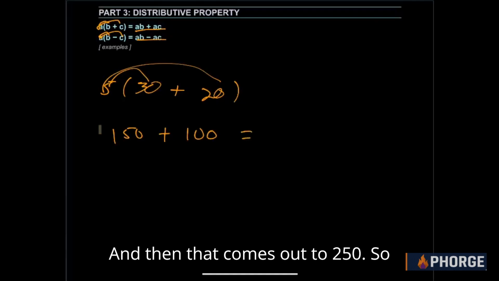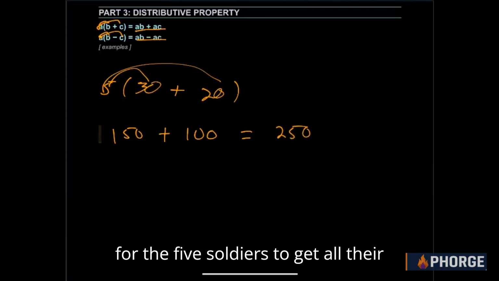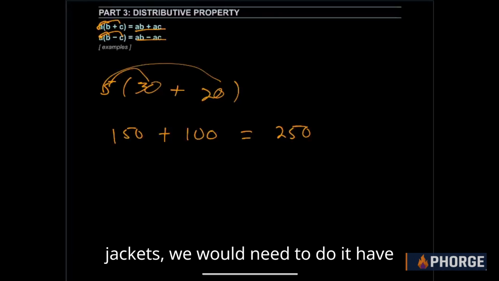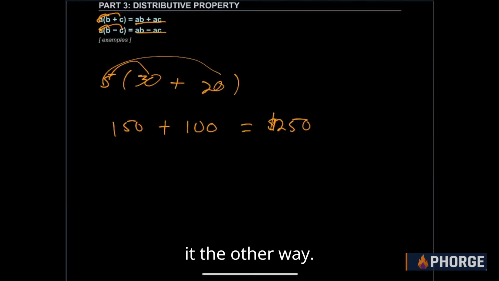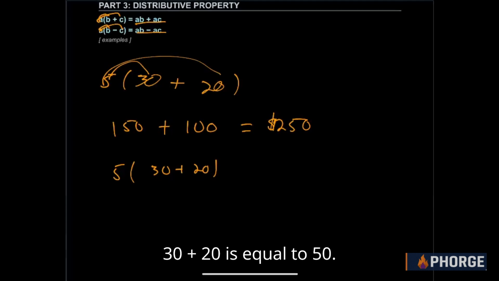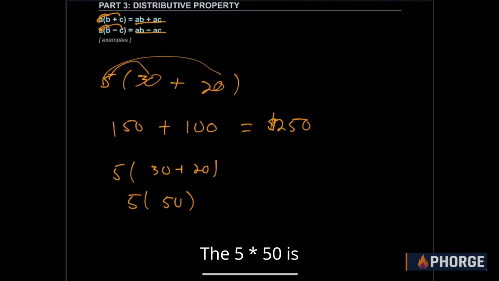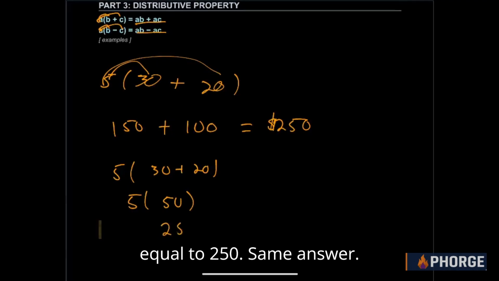And then that comes out to 250. So for the 5 soldiers to get all their gear, we would need $250. Now we could also do it the other way. 30 plus 20 is equal to 50. Then 5 times 50 is equal to 250. Same answer.